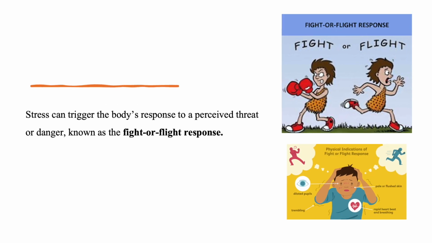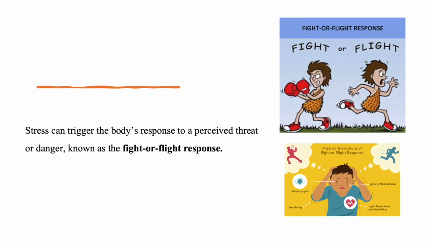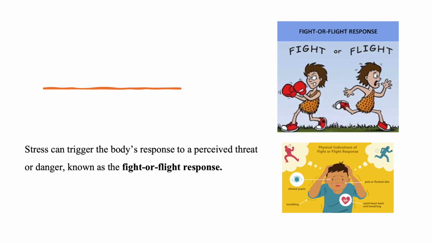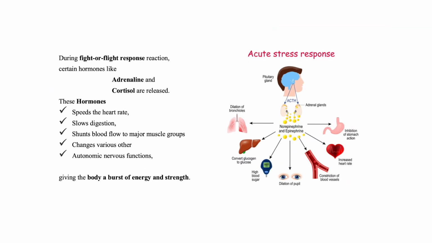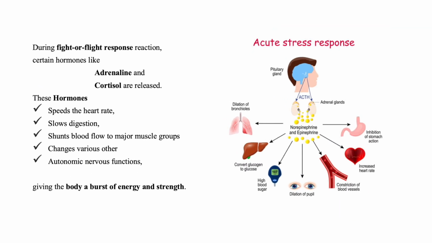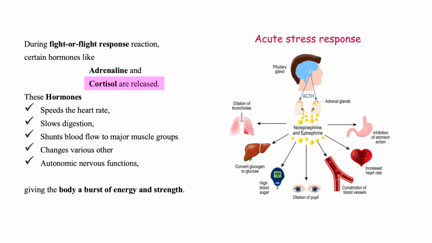Stress can trigger the body's response to a perceived stress or danger, known as the fight or flight response. During this reaction, certain hormones like adrenaline and cortisol are released. This speeds the heart rate, slows digestion, shunts blood flow to major muscle groups, and changes various other autonomic nerve functions, giving the body a burst of energy and strength.